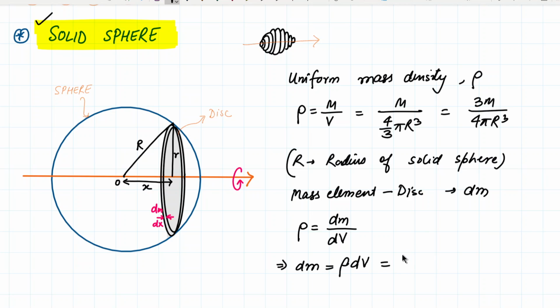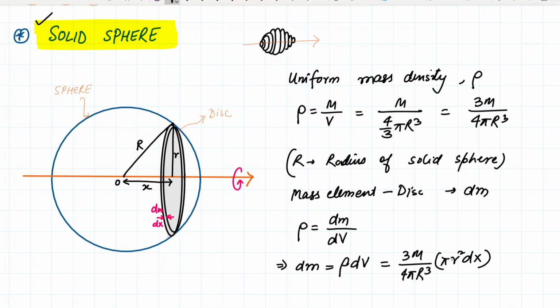So rho is nothing but 3M upon 4 pi R cube, and dv is equal to pi r square dx, right?